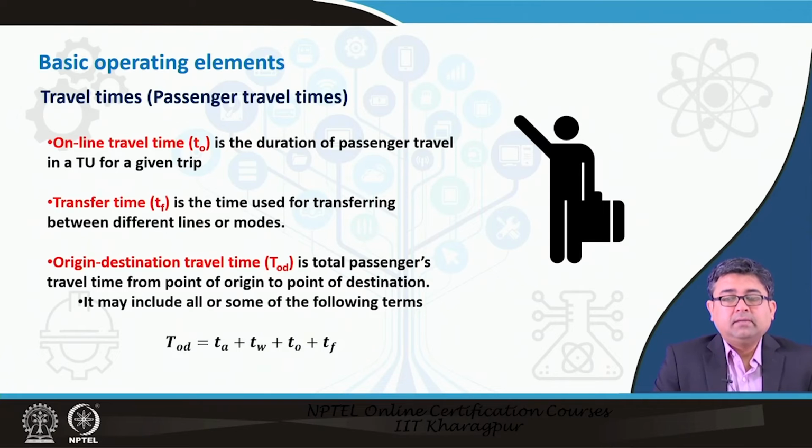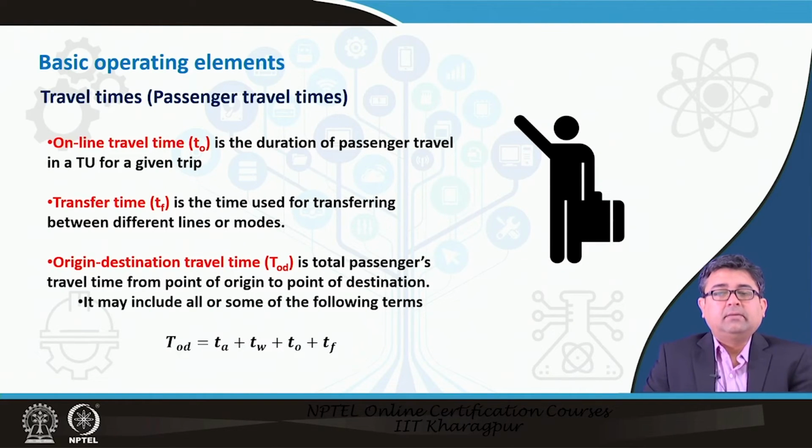You may be traveling from point A to point B, but from point A to point C first you go using, for example, a bus, and then from point C to point B, the larger leg, you go on a metro. So, now you are dependent on two different schedules or two different headways. There is a bus schedule and then there is a metro schedule.